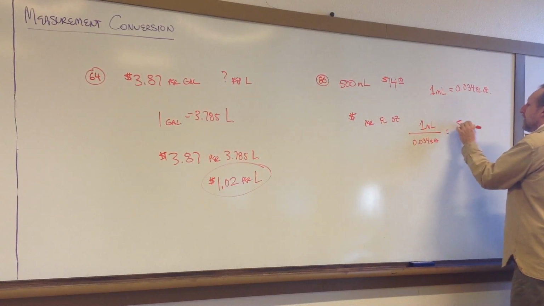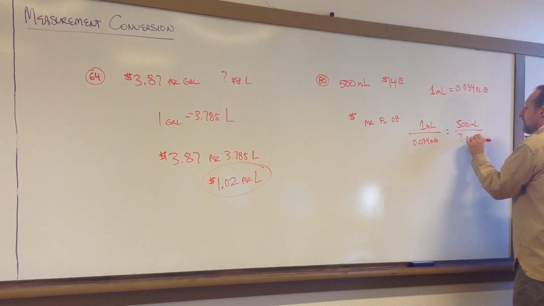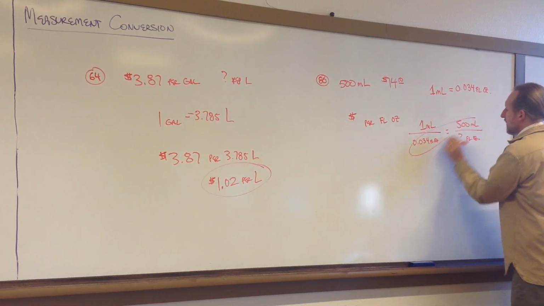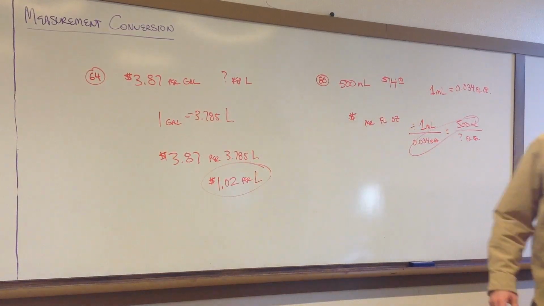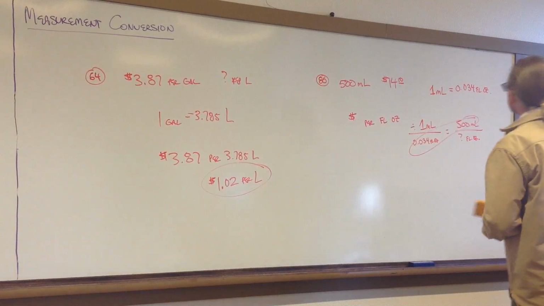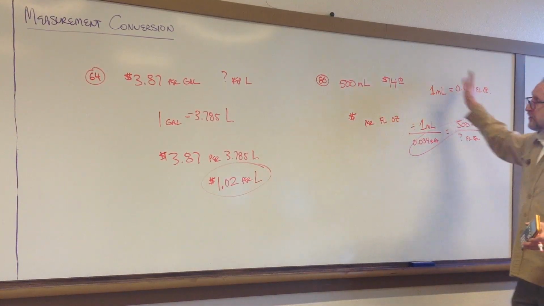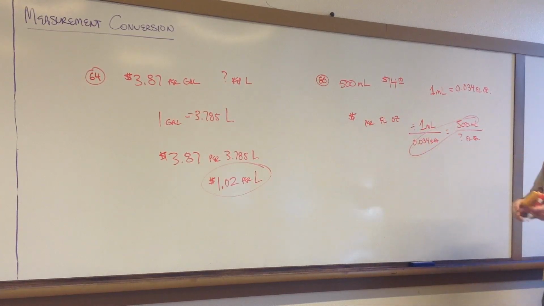Over here, 500 milliliters is going to give us some number of fluid ounces. But here it is. There's the multiplication, and that division by 1 won't change it. Okay? So that's why you have to be careful about making your choice about multiplying and dividing. You can always check it out by making a proportion.